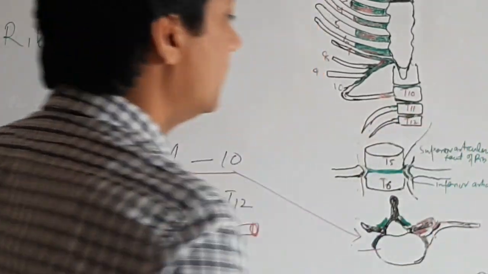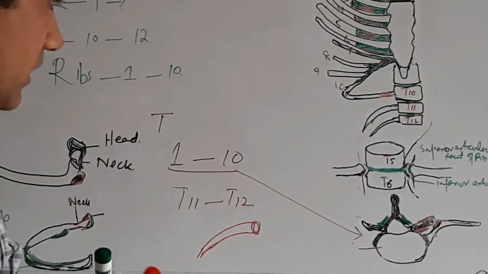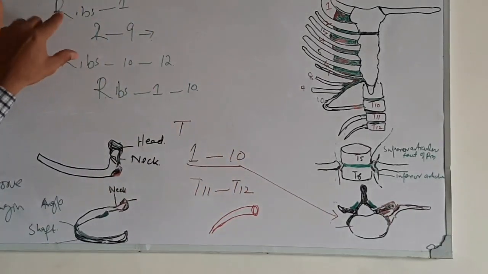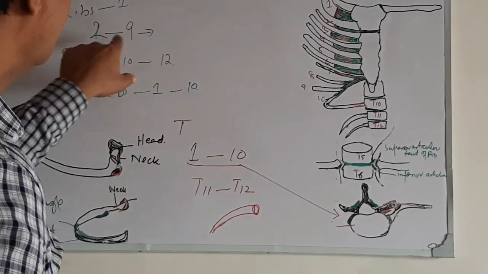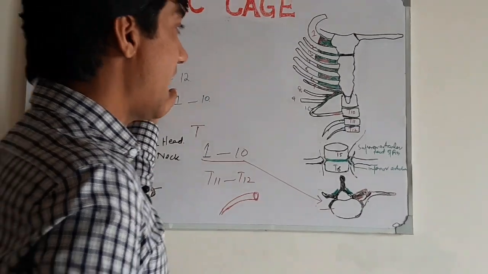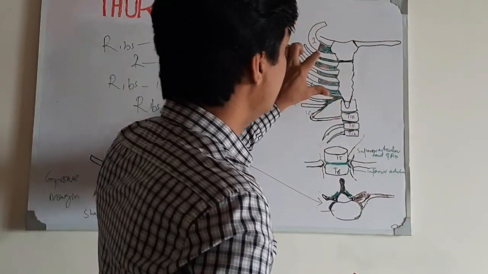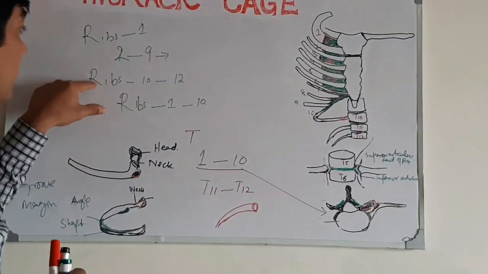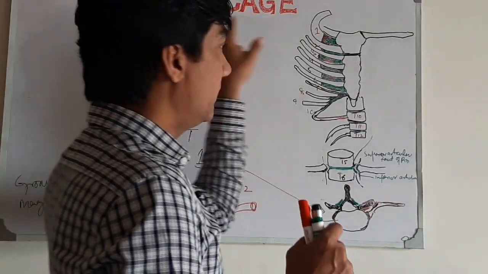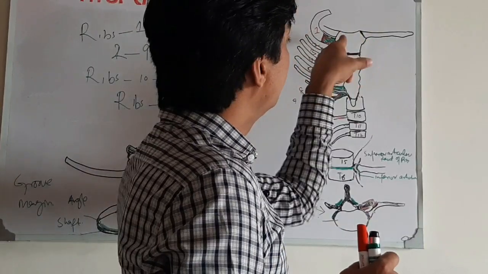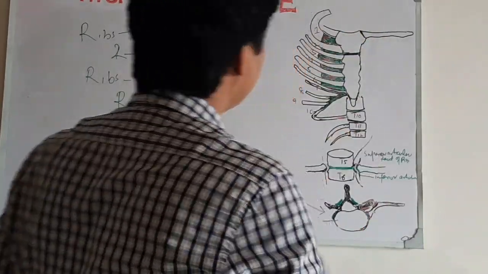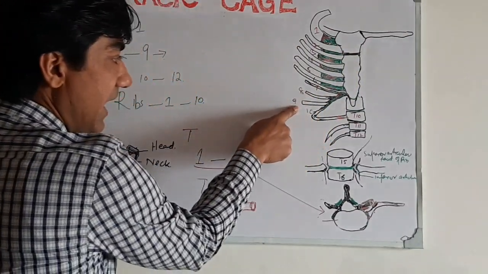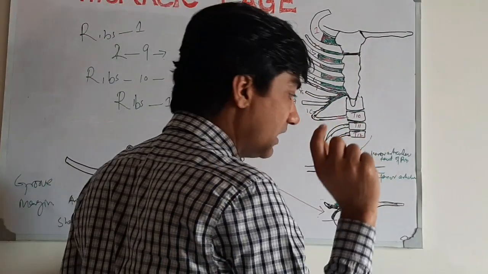This is the little bit of difference you can remember. Again, listen. Ribs 1 to 9 are attached directly with the thoracic vertebra posteriorly, and rib 1 is a single attachment of a single pair of ribs, and ribs 2 to 9 have a double attachment.